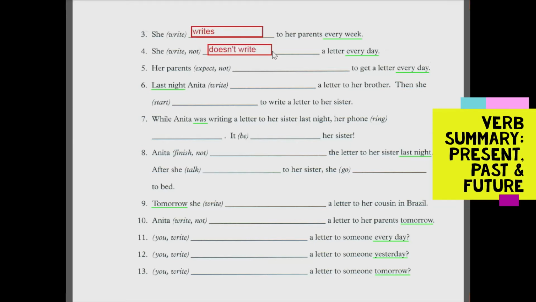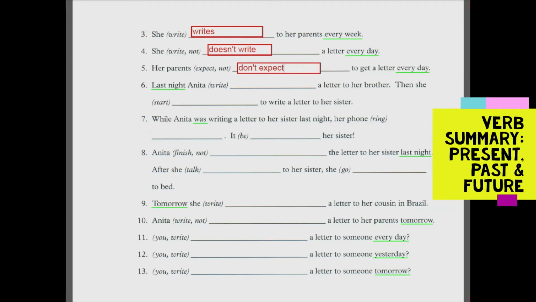doesn't write a letter every day. Her parents do not expect to get a letter every day. So their parents do not think that they will get a letter every day.